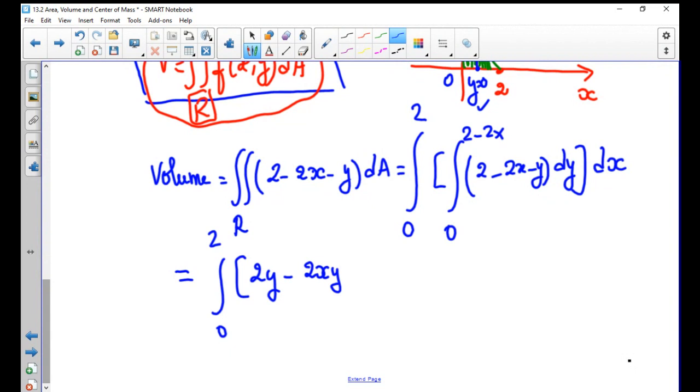And then the integral of y will be minus y squared over 2 from y equals 0 to y equal 2 minus 2x. All of this integrated with respect to x from 0 to 2, like we said.